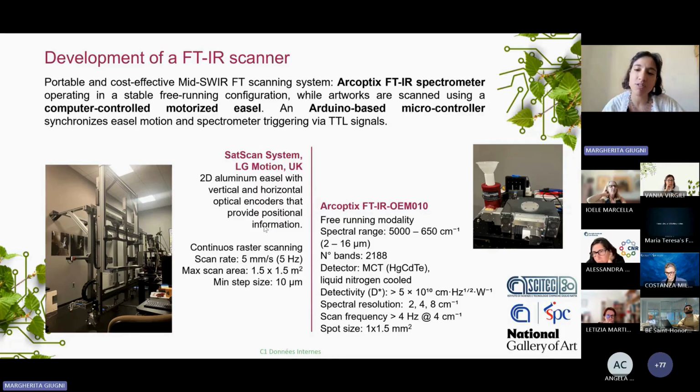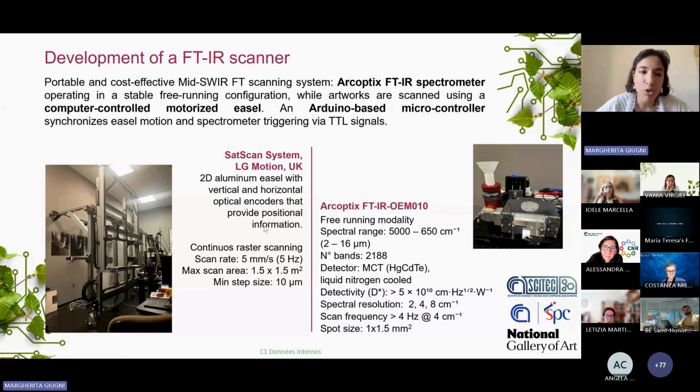Compared to the previous systems that were point scanning, that were employing a thermal detector, the only difference is that this spectrometer is using a quantum detector, an MCT, that is cooled with liquid nitrogen. So this detector is the main advantage of the system because it allows a faster acquisition while also providing high performances on the spectral quality.